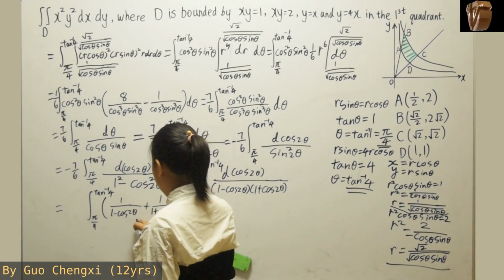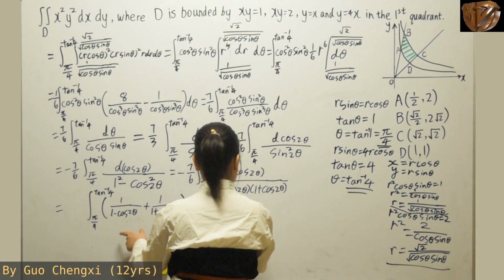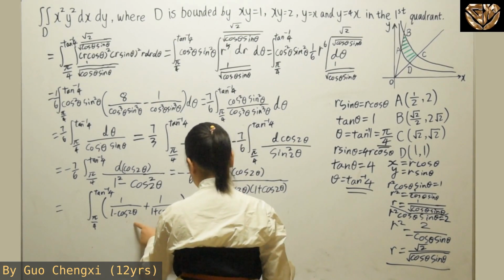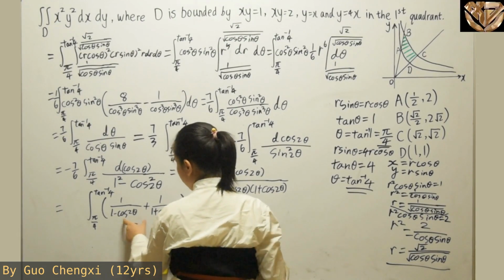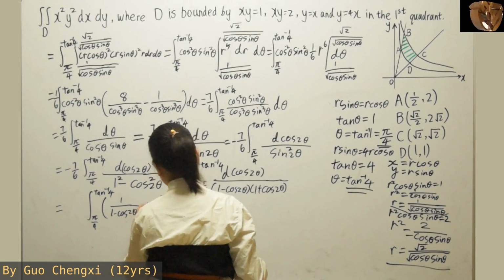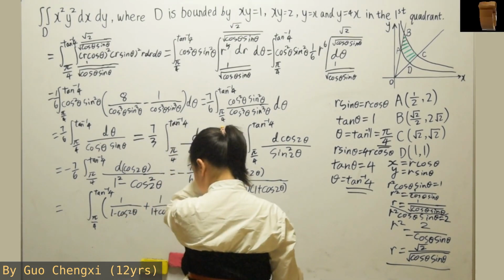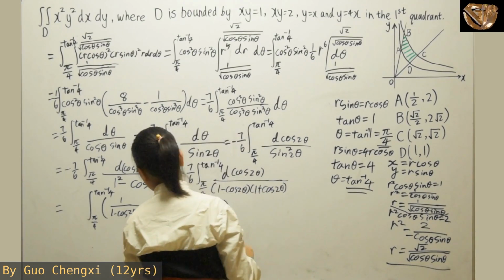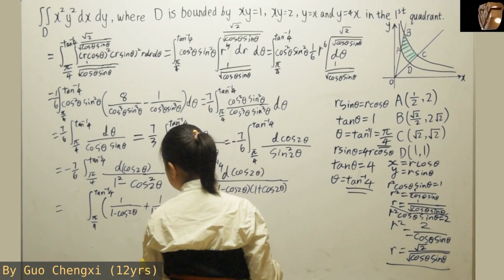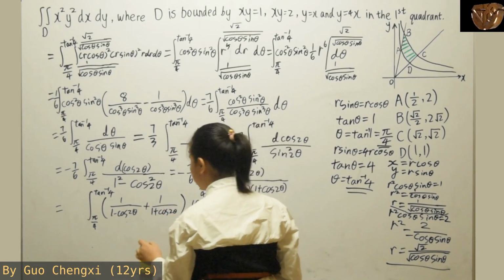And over here, if you put these two together, you're going to get a common denominator of 1 minus cosine square 2 theta. The numerator will be 1 plus cosine 2 theta plus 1 minus cosine 2 theta.